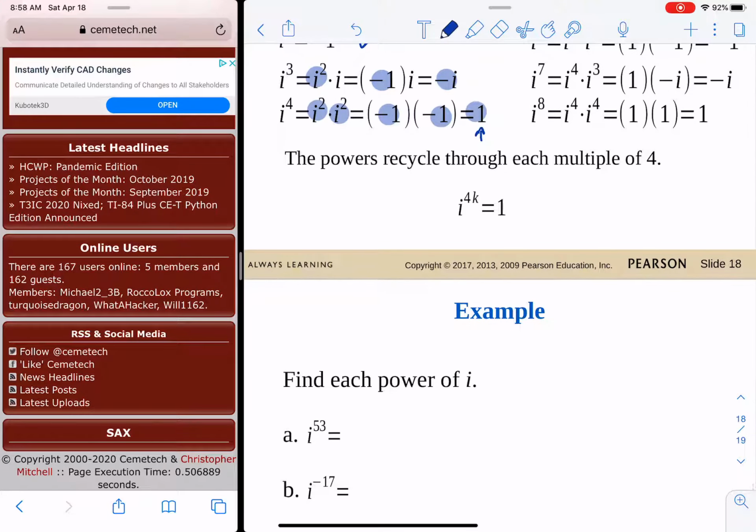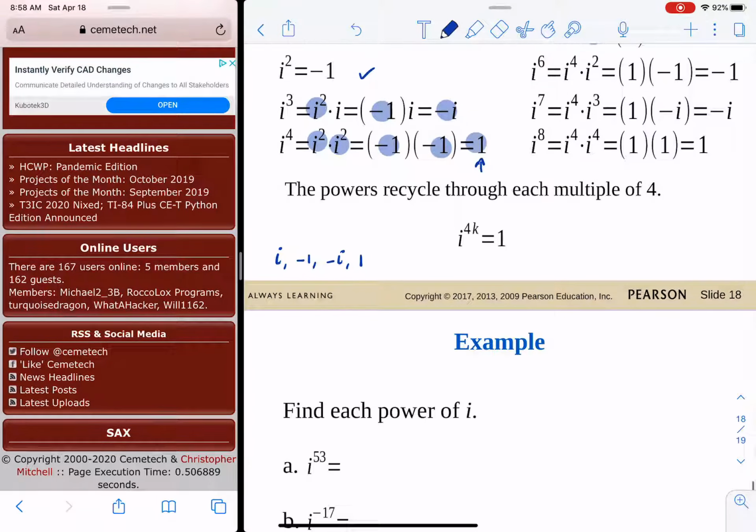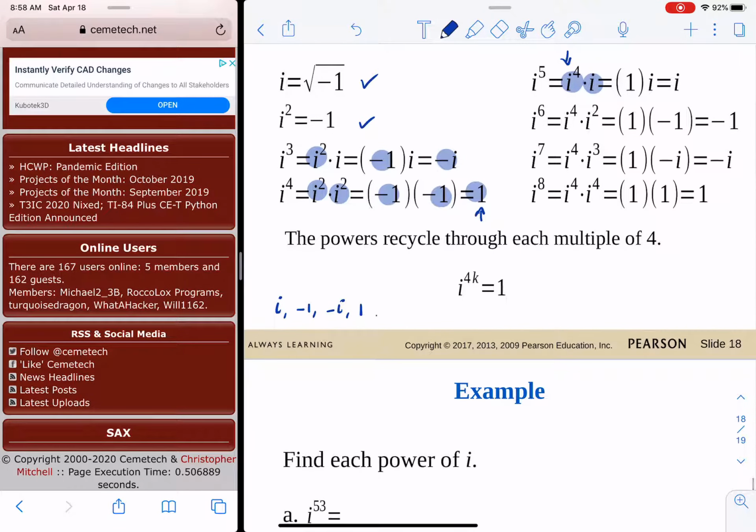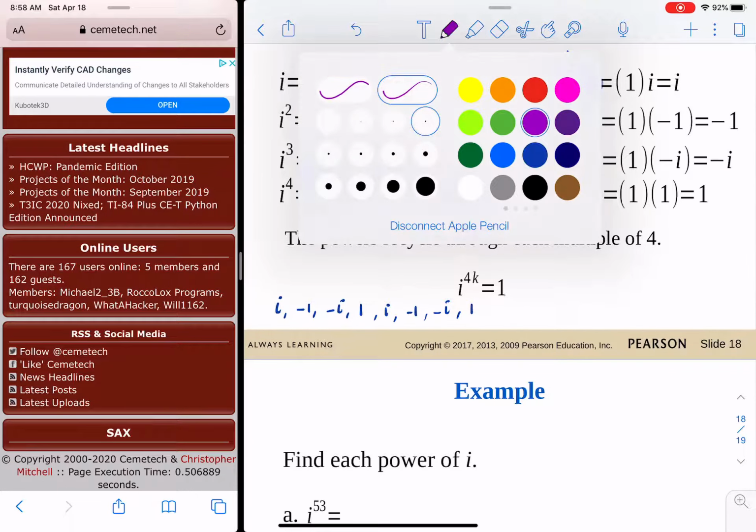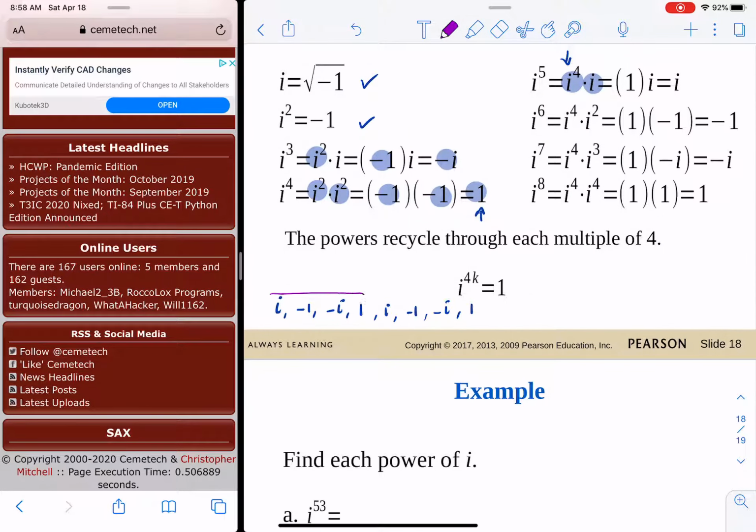So if we start, we have i, negative 1, negative i, 1, and we have i, negative 1, negative i, 1. So that's 1 through 4.